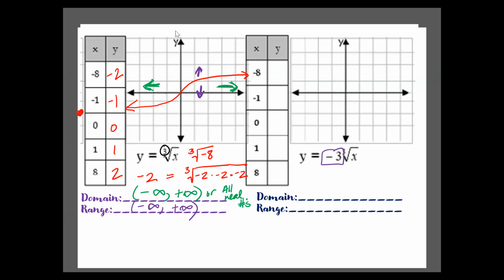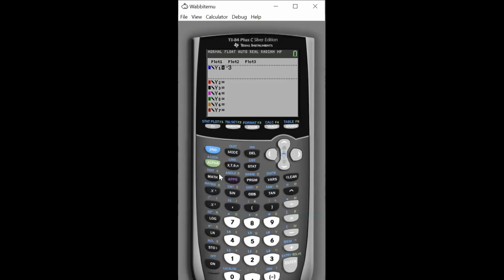So you go to y equals, you want to type in a -3 first. So put -3. And then you're going to do math. You want to go down to this cube root of 4 and then type in x. And let's hit graph and see what that graph looks like.